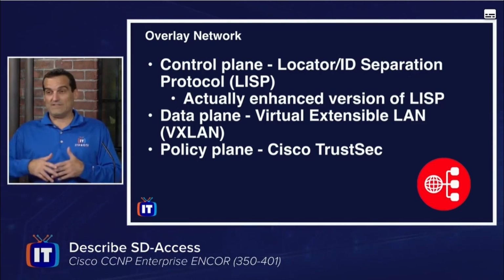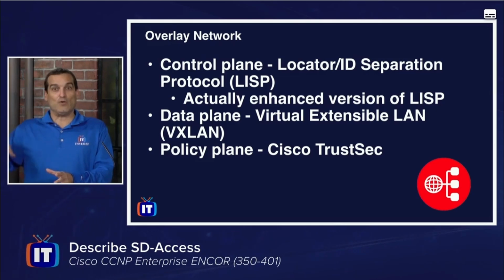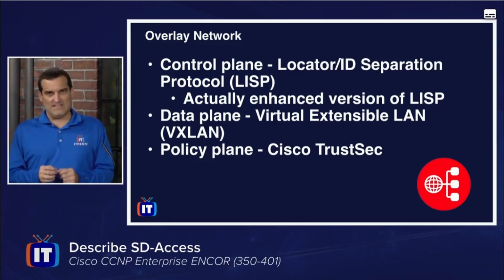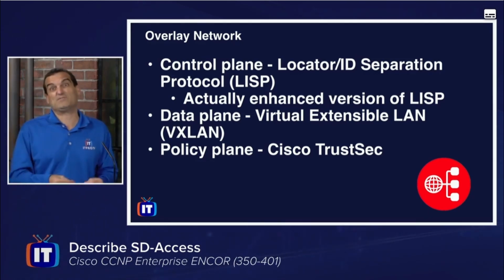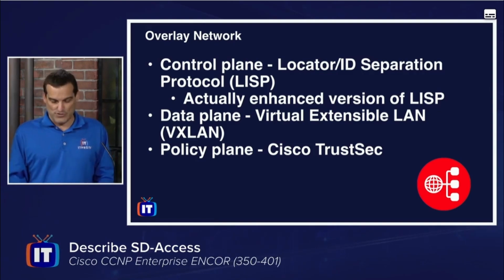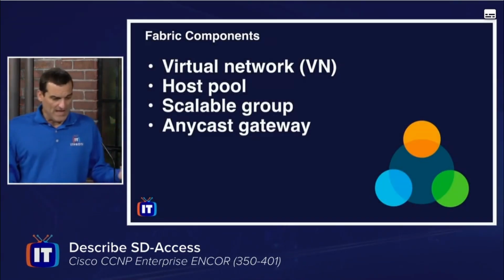Yeah, we can have 16 million of the things, and you'll see where we are going to take advantage of VXLAN to eliminate a ton of disadvantages about the traditional VLAN and spanning tree approach. So you're going to really love those technologies, and we'll elaborate on them for you.